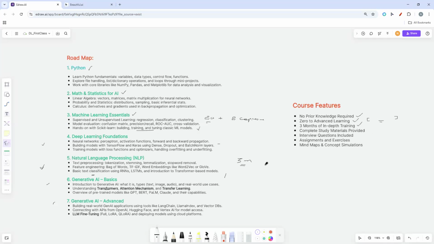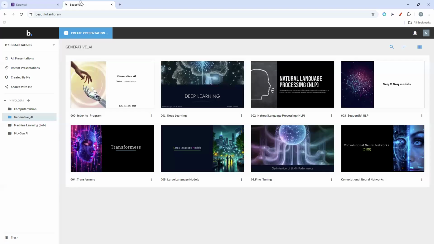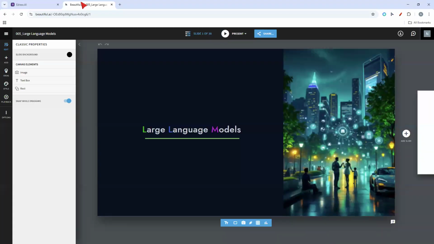I'll provide the study materials as we have discussed, and I have shown you a sample of it, right? Interview questions will be provided, along with assignments and exercises. For your simplification, I have lots of mind maps and simulations inside, even for large language models, fine tuning and convolutional neural networks, whatever the topic. There might be times when some concepts look a little complex.